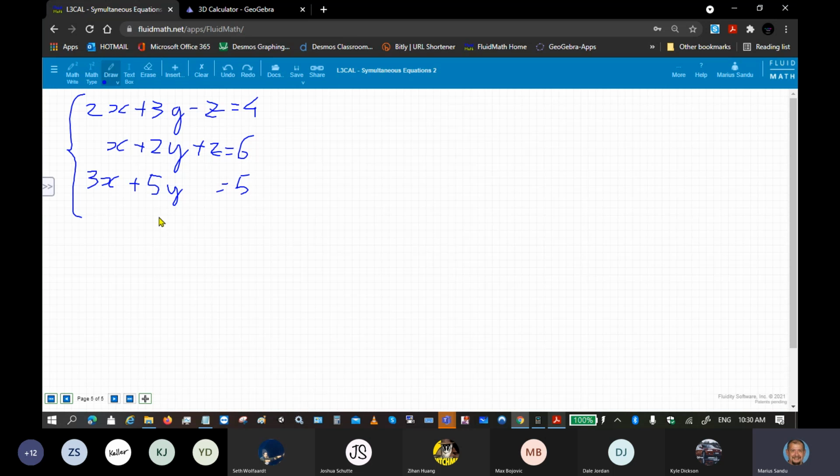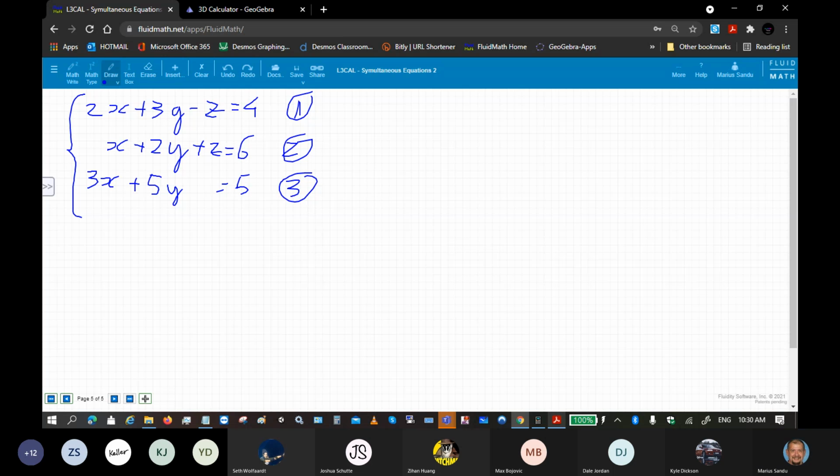So if I look at the coefficients of x, I've got 2, 1, 3. Over here, I've got 3, 2, 5. Over here, I've got negative 1, 1, 0. So this is equation 1, equation 2, and equation 3.